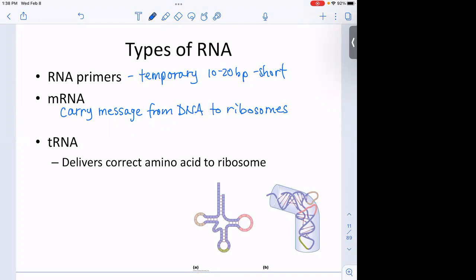But actually messenger RNA is pretty transient. It doesn't last very long until it degrades. So it's only about 4% of the total RNA in the cell.